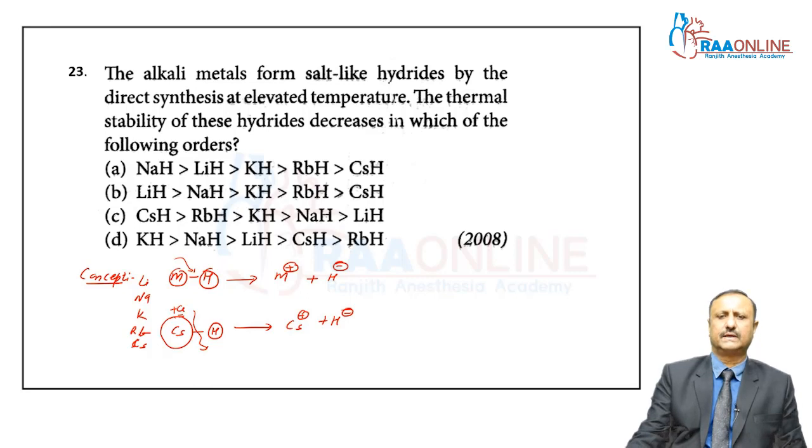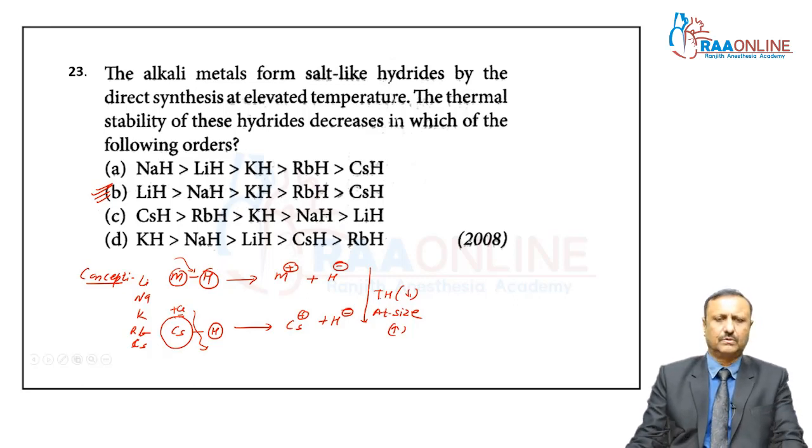Thermal stability decreases because atomic size increases. This is the concept: the atomic size increases, so thermal stability decreases. So, going to question number 23, option B: lithium, sodium, potassium, rubidium, cesium. This question was also asked in 2008.